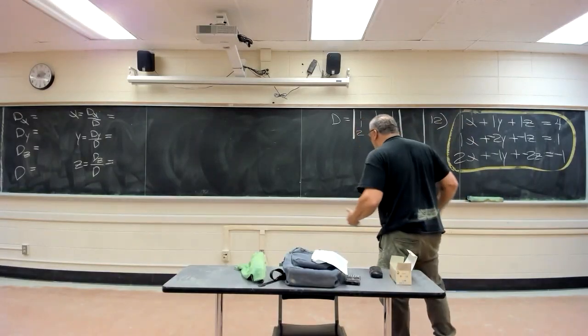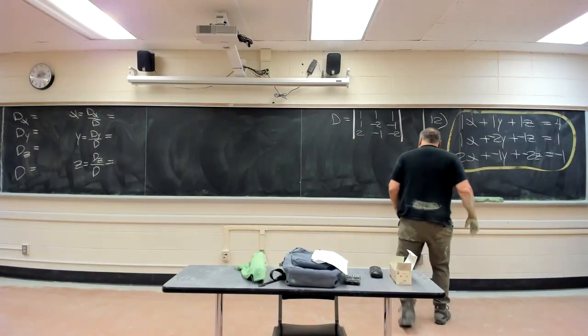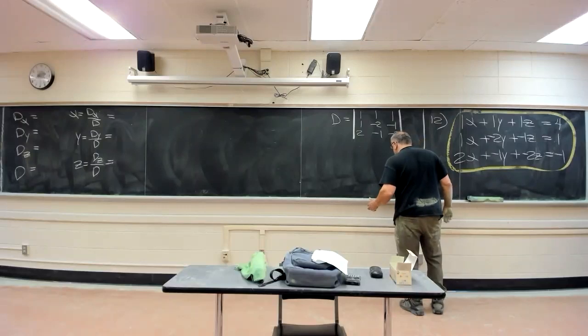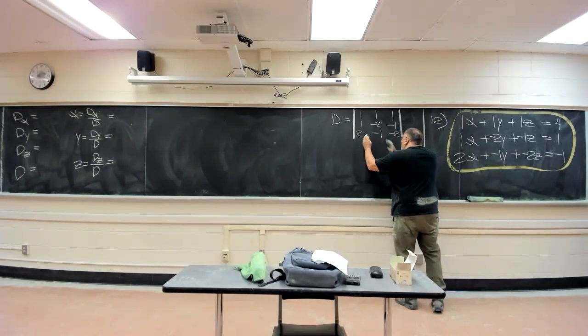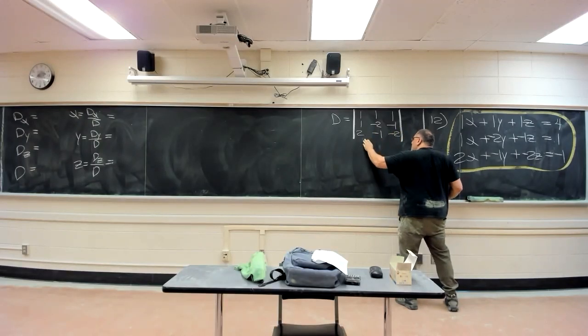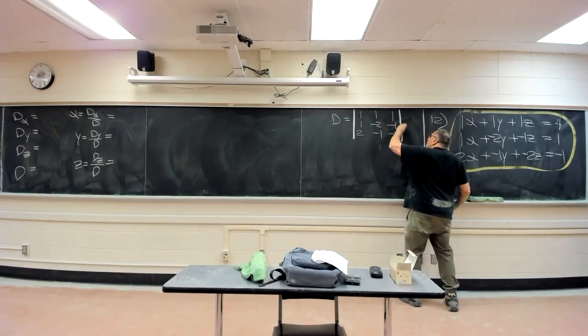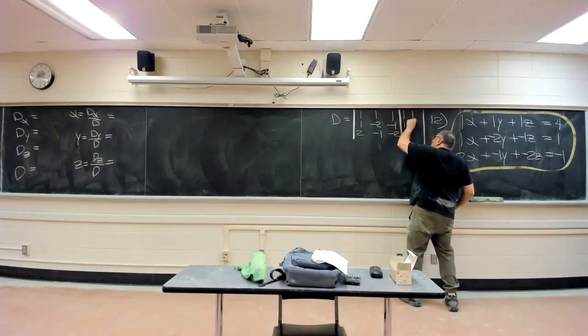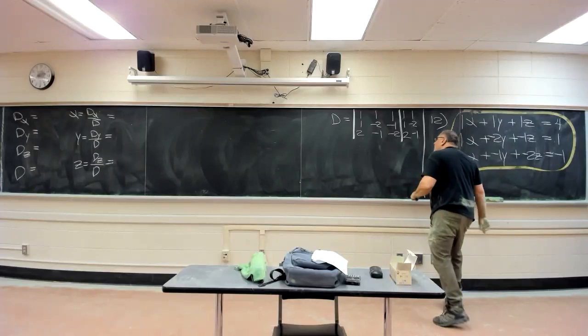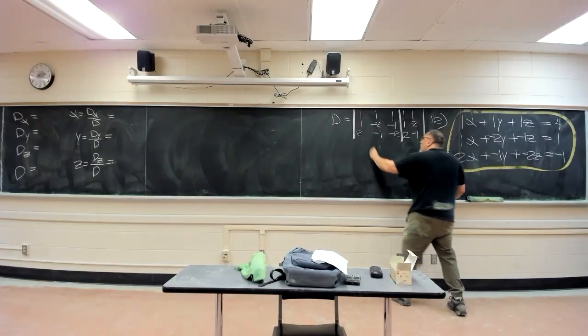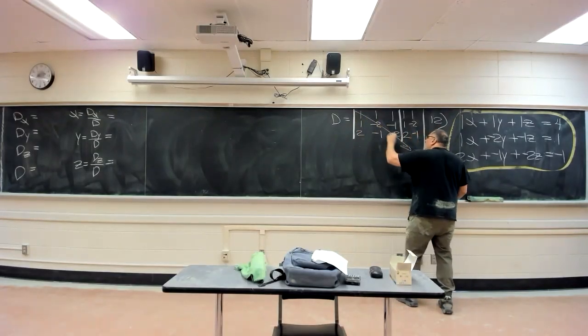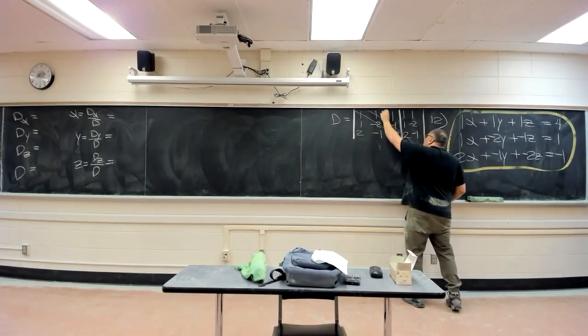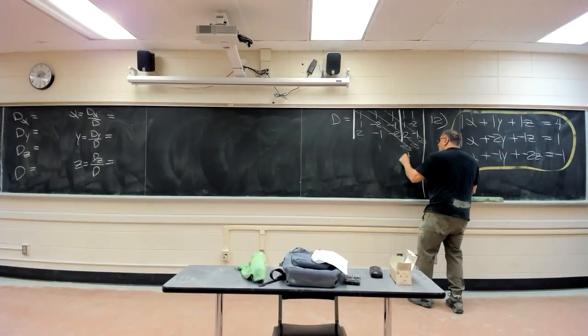There are other ways to evaluate what's going on here, guys, but there's a shortcut. There's a shortcut for the 2 by 2, and there's a shortcut for the 3 by 3. Take these two columns, pick them up, and move them over here while leaving them here at the same time. So you've got a 1, a 1, a 2, a 1, negative 2, negative 1. Then you go here, here, here, adding all of these.